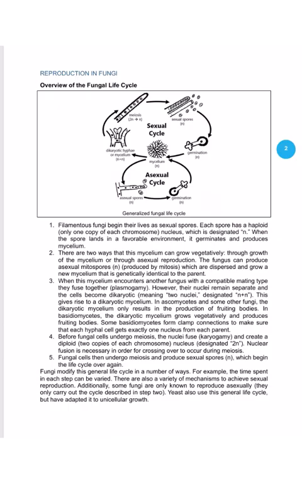So in this course, we are going to have the overview of the fungal life cycle, and the minor changes or the minor differences, we are going to speak about them when we come to the different genera.